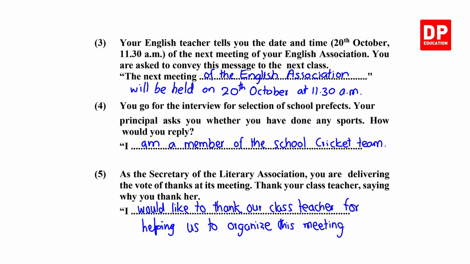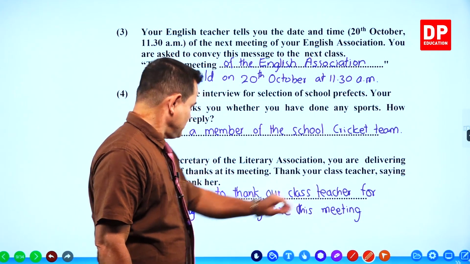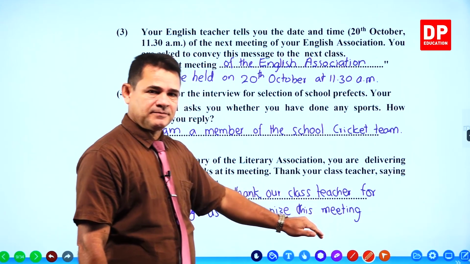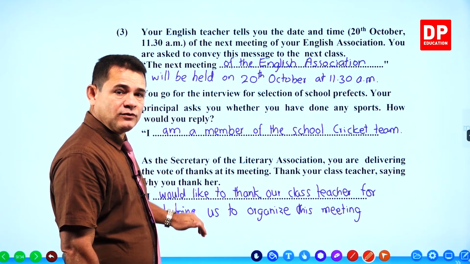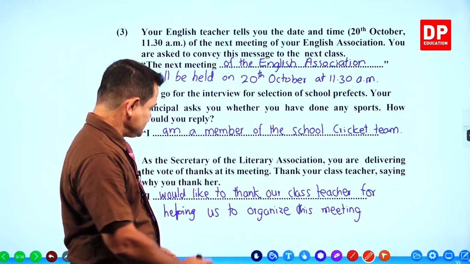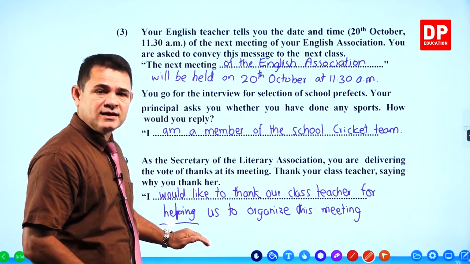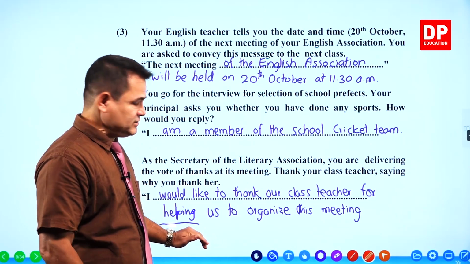So I would like to thank our class teacher for helping us to organize this meeting. නැත්නම් for helping us, for guiding us කියන්නත් පුළුවන්. Instead of helping මඟ පෙන්වනවා කියන්න, you can say guiding us, for directing us, for supporting us. ඒ වගේ වචන පාවිච්චි කරන්න පුළුවන්.